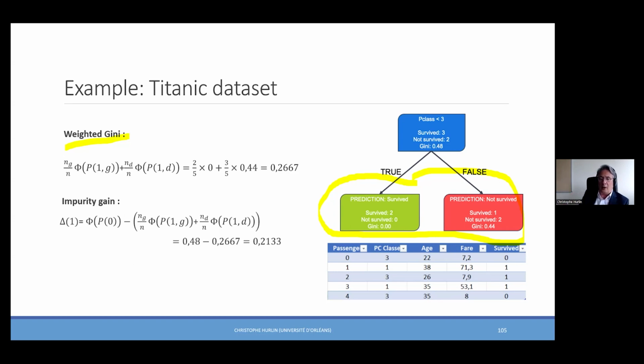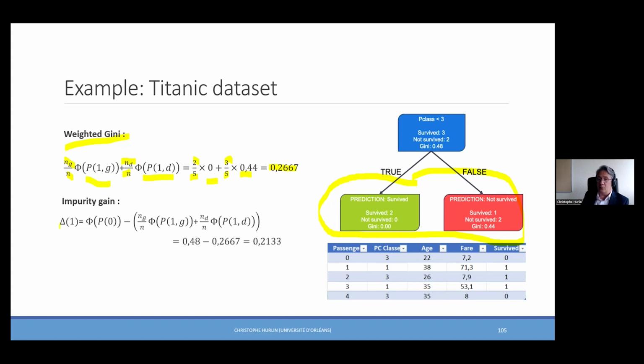So this is the Gini of the left and the Gini of the right times the number of individuals on the left node divided by the total number of individuals, and on the right node divided by the total number of passengers. So I have 2 divided by 5 times 0 plus 3 divided by 5 times 0.44, and we have a weighted Gini index of 0.26.